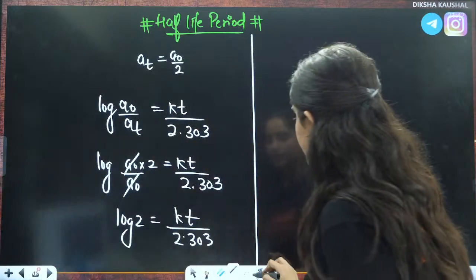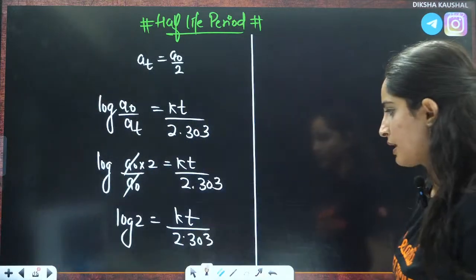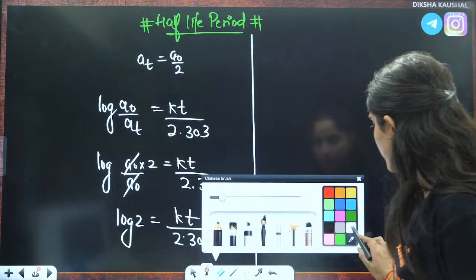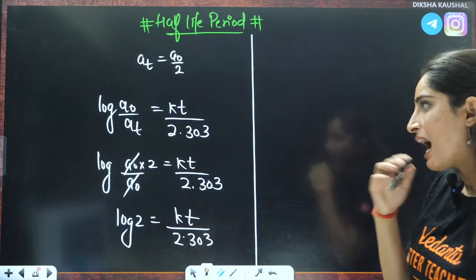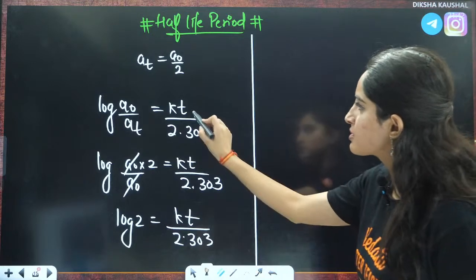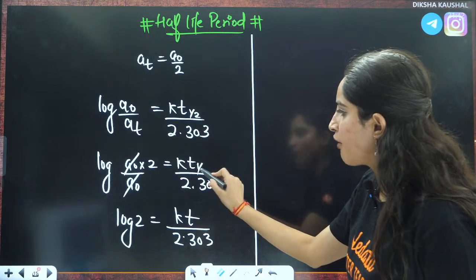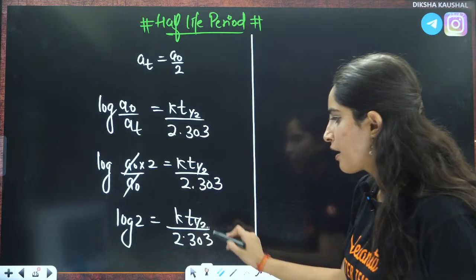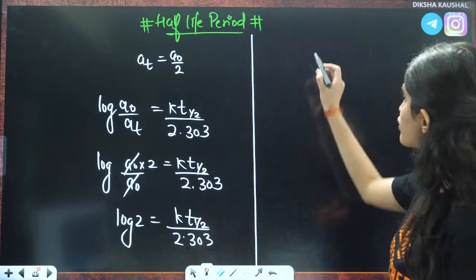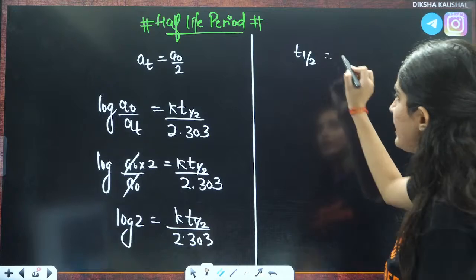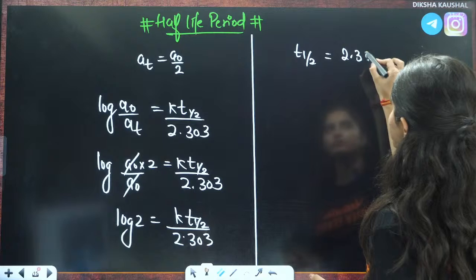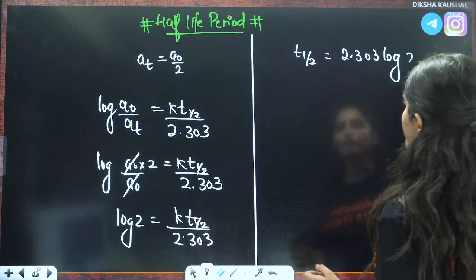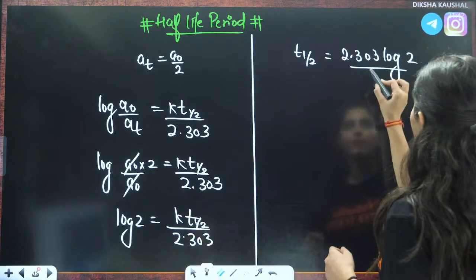Now this is the half-life because 50% is consumed. So t half equals 2.303 log of 2, and k will come to this side, divided by k.